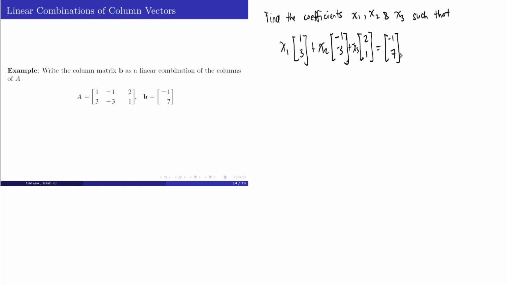Okay, so again, we can express this as a linear combination of the columns of A if we can find this x sub 1, x sub 2, and x sub 3. So if we multiply this, we get the system of linear equations: x sub 1 minus x sub 2 plus 2 x sub 3 equals negative 1, and 3x sub 1 minus 3x sub 2 plus x sub 3 equals 7.